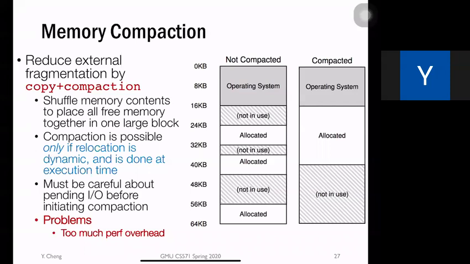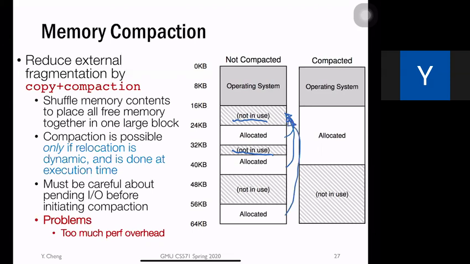If you take a look at the picture on the right-hand side of the slide, as processes come and go, it leaves the whole memory with a lot of randomly distributed small memory holes, right? Those are memory chunks that could not be effectively utilized. So in order to better utilize the available memory space, you need to perform some compaction operations to migrate those already allocated pieces of memory to the very top, okay?